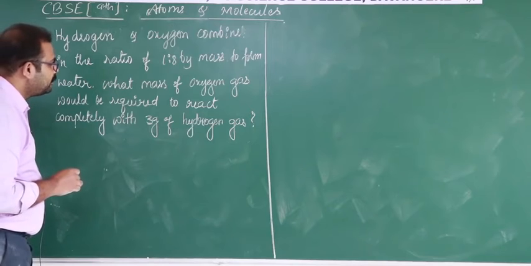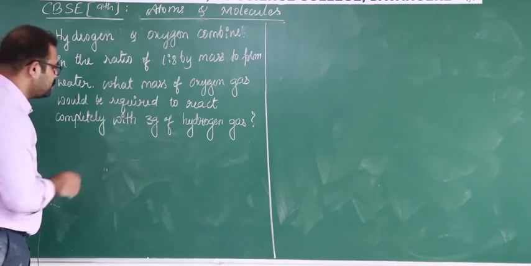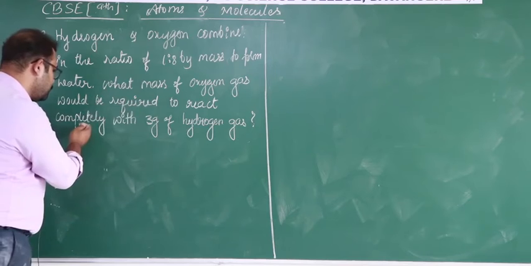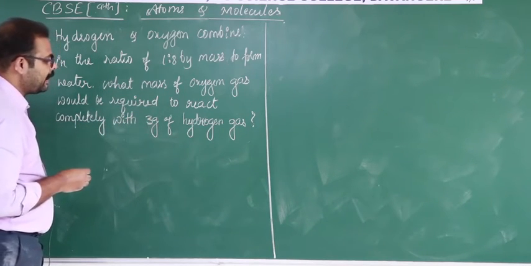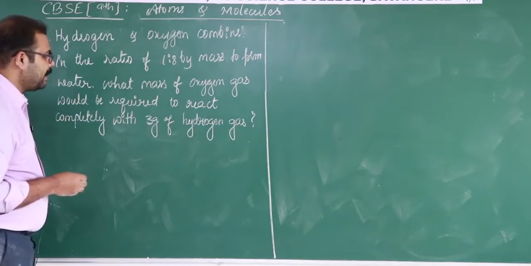Then what mass of oxygen would be required to react completely with 3 gram of hydrogen, they have asked.